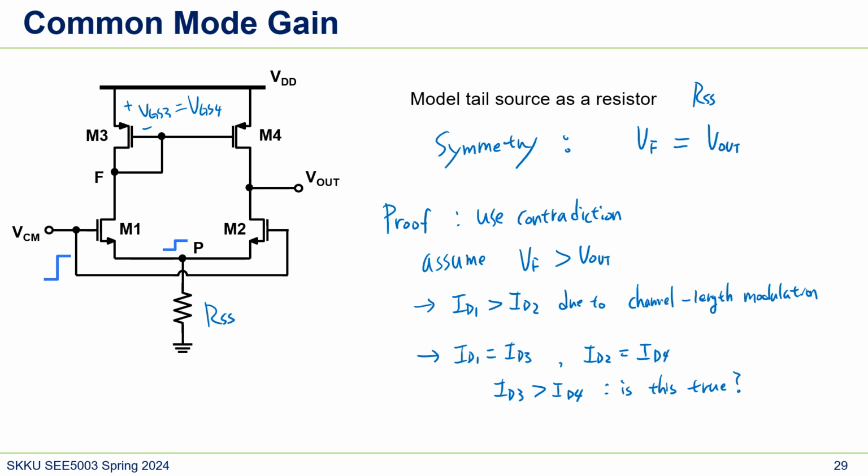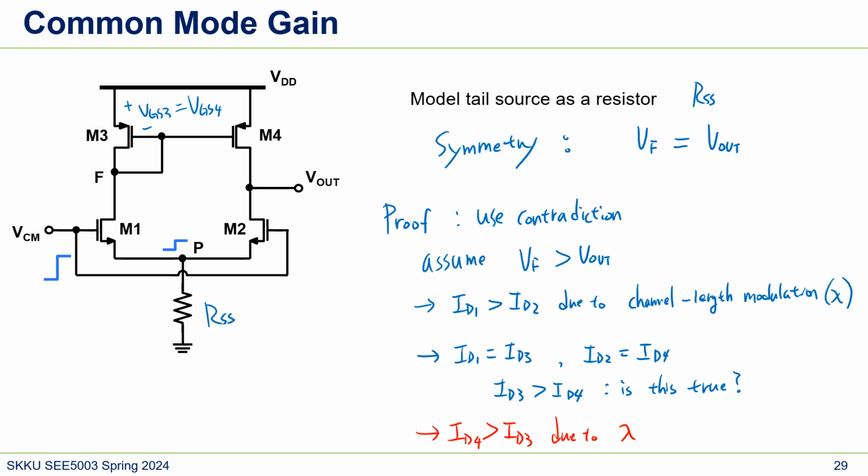That means ID4 is larger than ID3, because of lambda, channel length modulation.